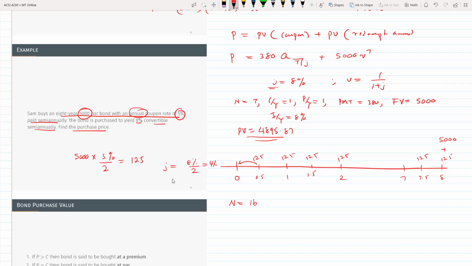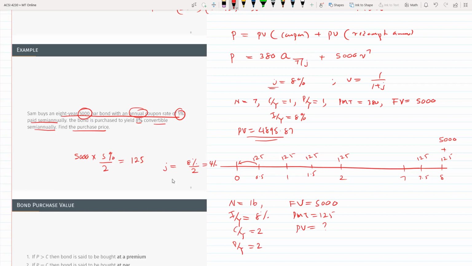Remember, N is not years, N is the number of payments. So N is 16. Then the rate is 8%, but we have to be careful: it's compounding twice and paying twice per year. The future value is 5,000, the payments are 125, and the present value is what we want to find.